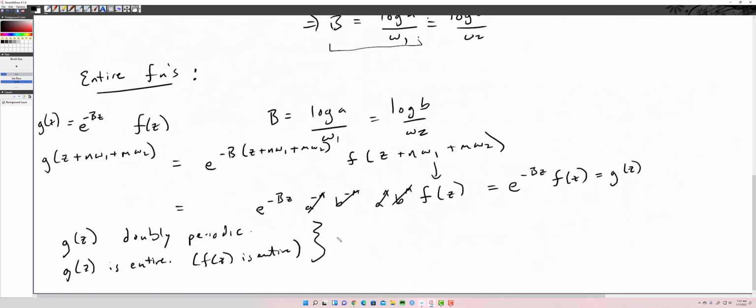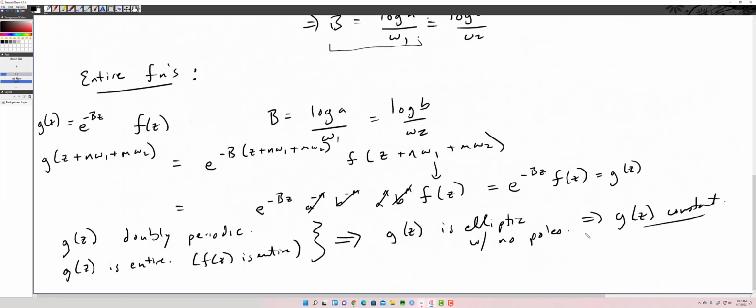So from these two things, now remember, entire functions are meromorphic. They just don't have any poles. So I have g of z is elliptic with no poles. So g of z is a constant.